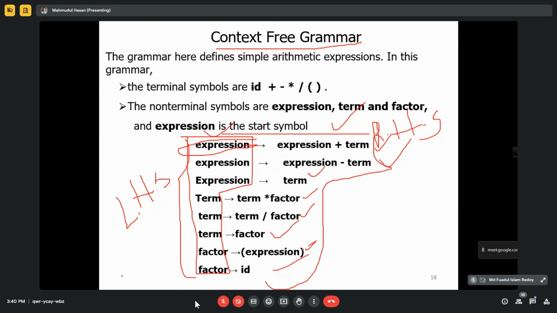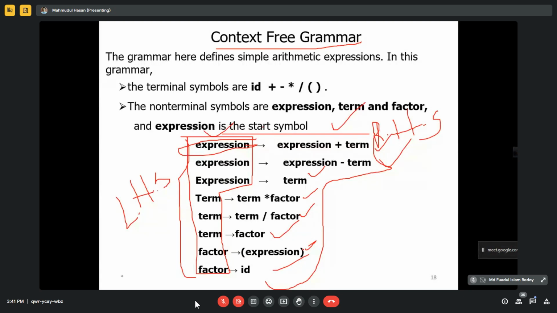Any question, Abu Bakr? Yes, sir. I got it. But you said all the left side is non-terminal, but on the right side we can have both terminal and non-terminal. Yes. Like in the example, we have expression, arrow sign, expression plus term.